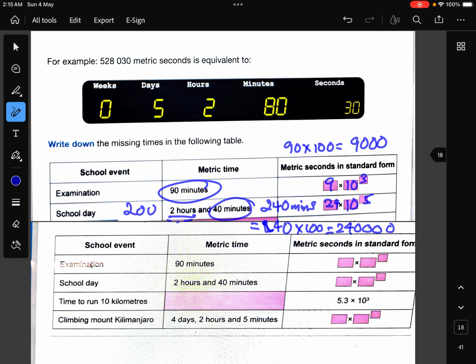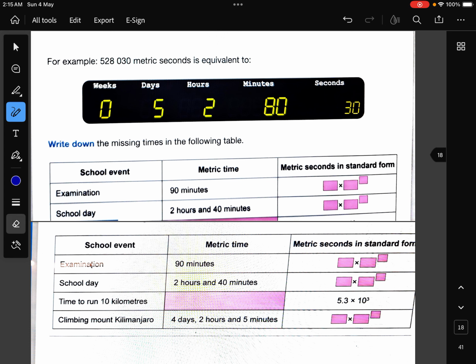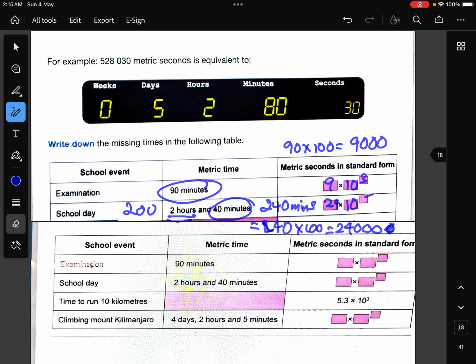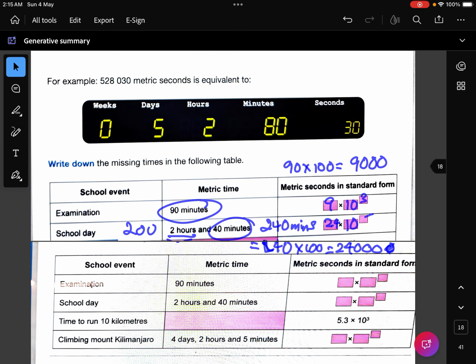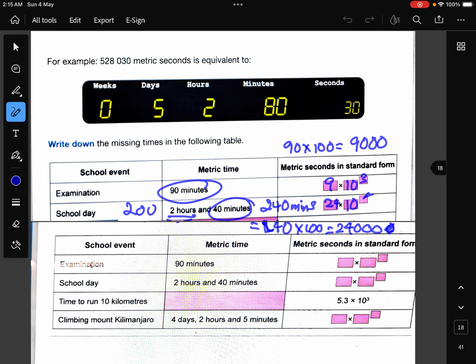Oops, sorry. I think I wrote this wrong. Oh, I think I wrote an extra 0, so it should just be 24,000. So let me just erase this. This should technically be a 4. Okay. So it's just basically converting hours and minutes into seconds.